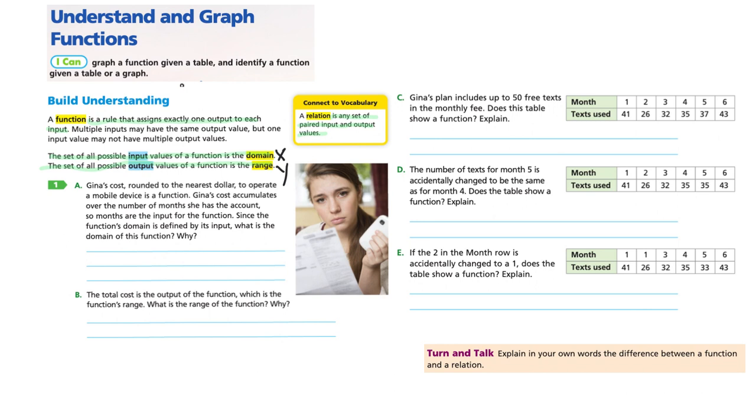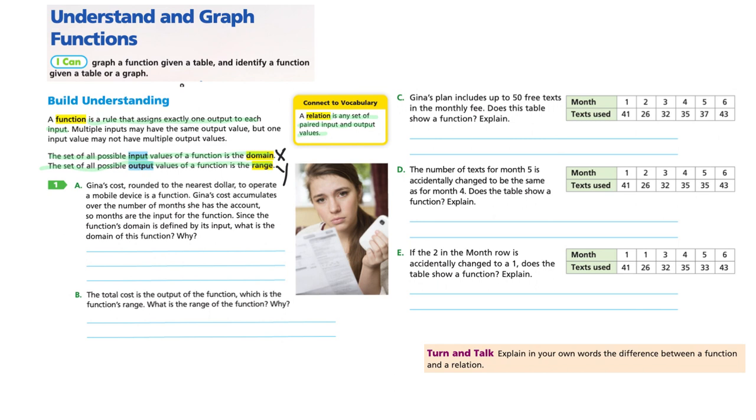It'll just be one for each input. Gina's cost accumulates over the number of months she has the account, so months are the input for the function. Since the function's domain is defined by its input, what is the domain of this function and why? So I'm going to have you pause in just a minute. We'll look at all these questions and then you can work on it, then we'll go through it together.